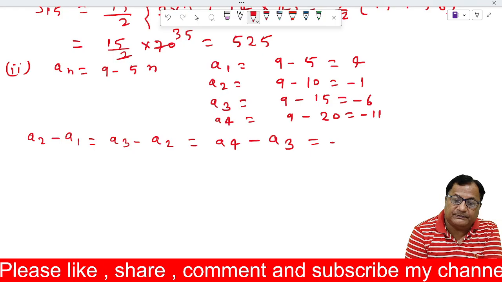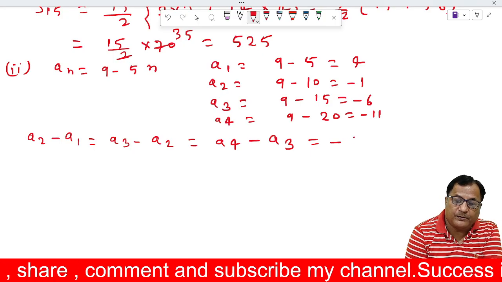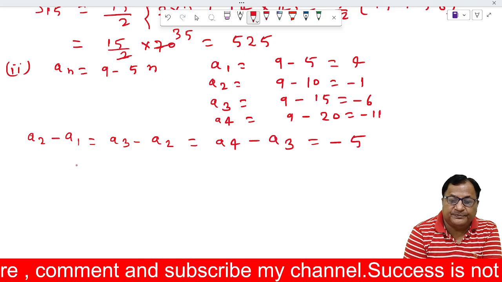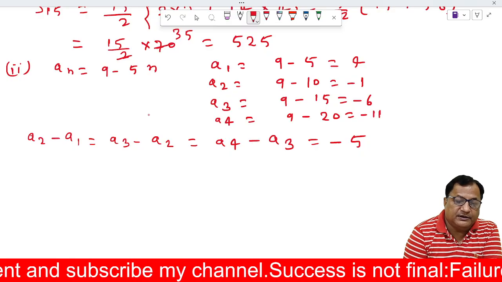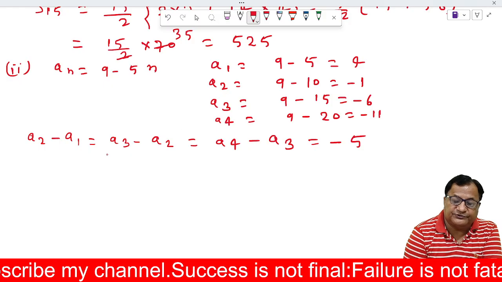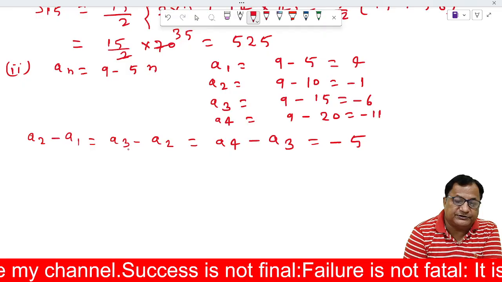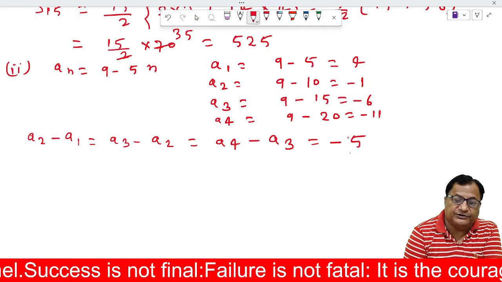We are getting here minus 5. So this is in AP, because if you subtract any term from the previous term, we are getting the same result, that is the common difference. So this will be d.